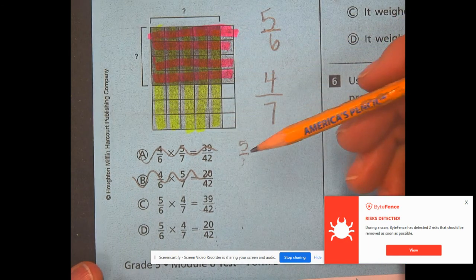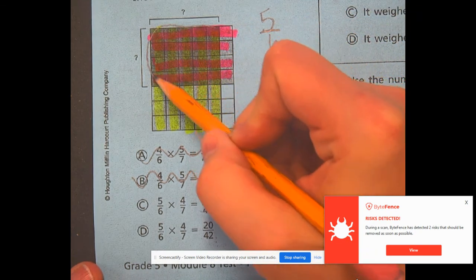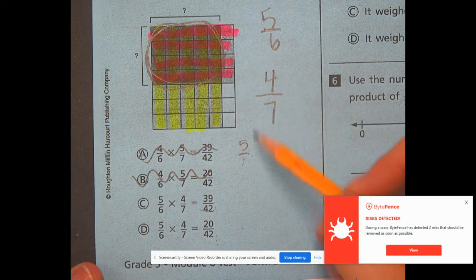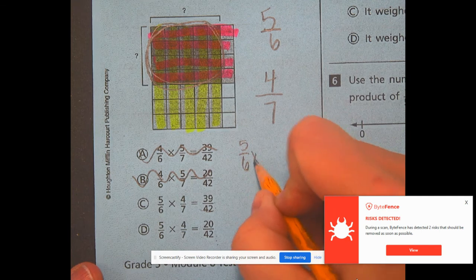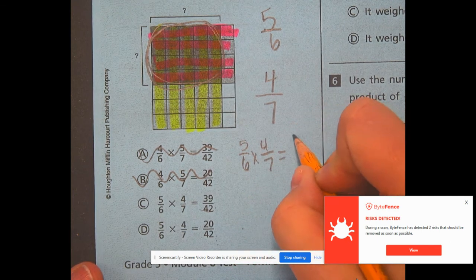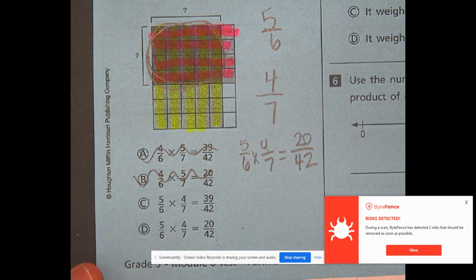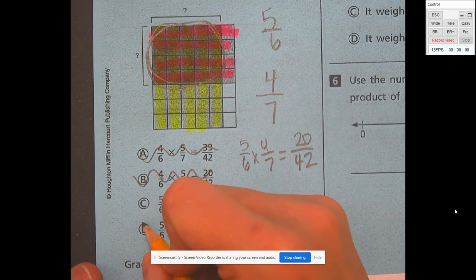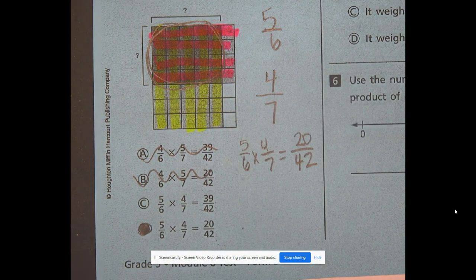And where do we find our answer? Where both are shaded. 20. So 5/6 times 4/7 equals 20/42, right? So what's our answer? D.